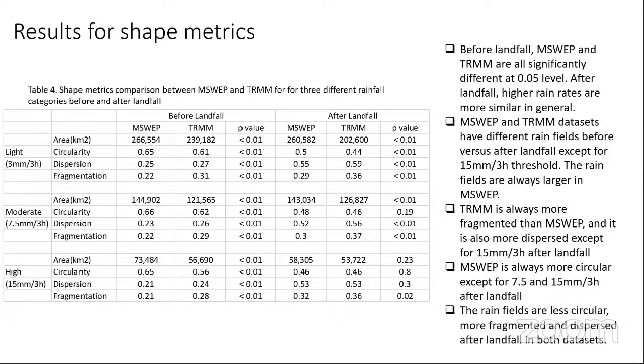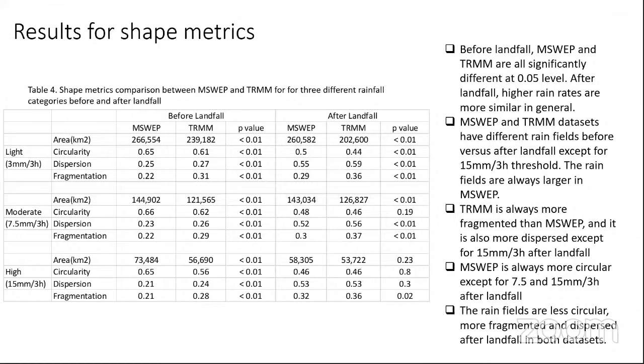From the result, we can see that before landfall, MSWEP and the TRMM are all significantly different at the 0.05 level. After landfall, the higher rain rates are more similar in general, like the moderate and the high rainfall categories.